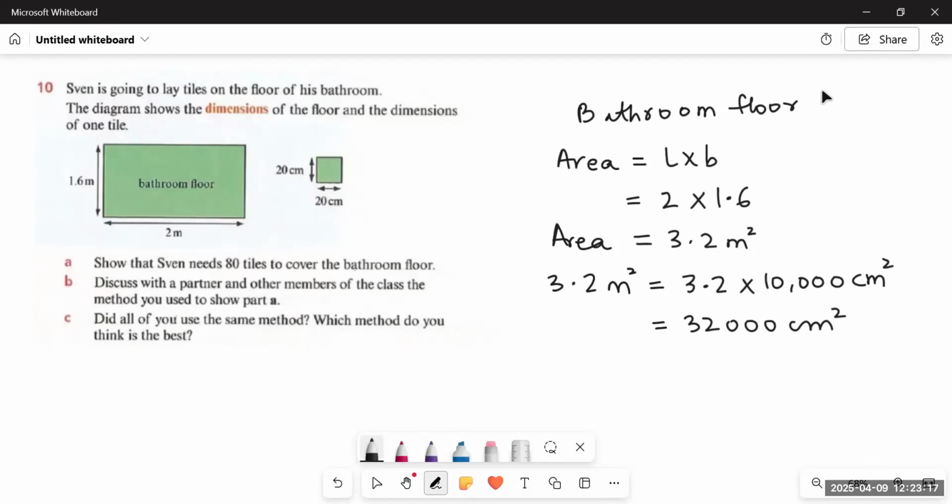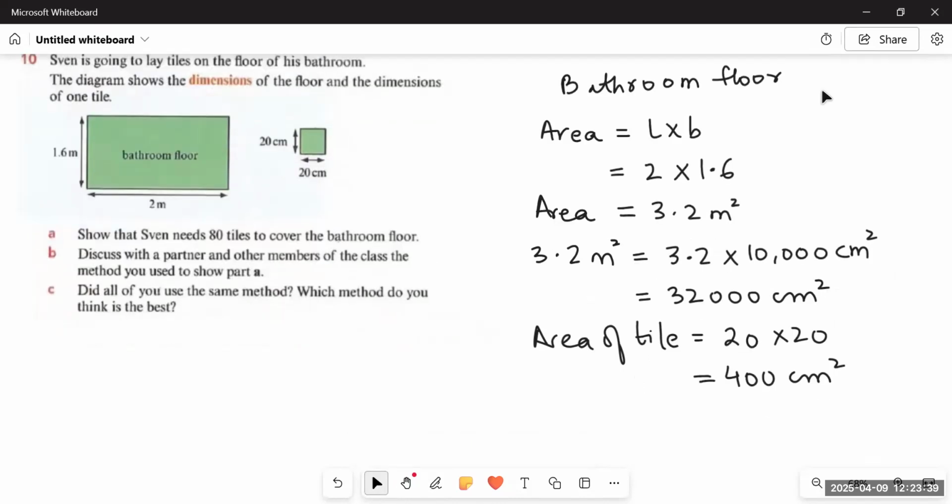Now let's talk about the area of the tile, which is 20 by 20. 20 multiplied by 20: 2 twos are 4 and two zeros, so 400 centimeter square.